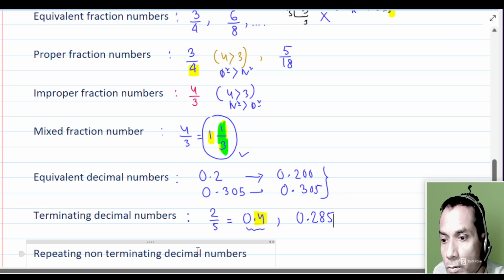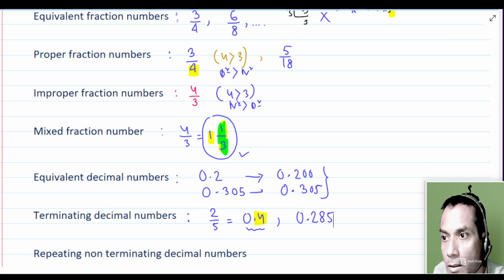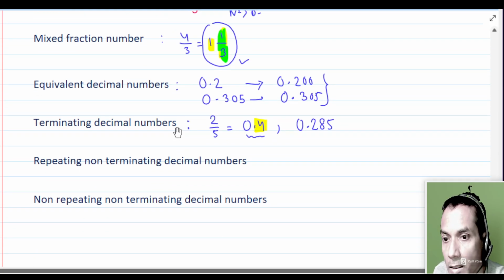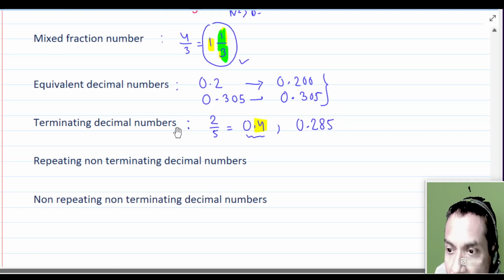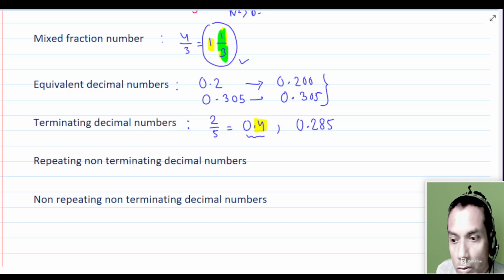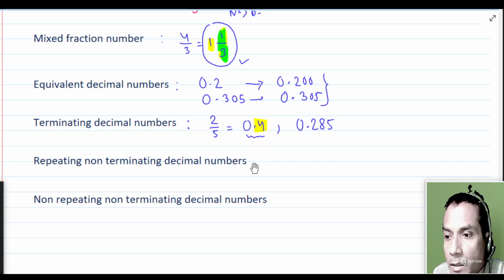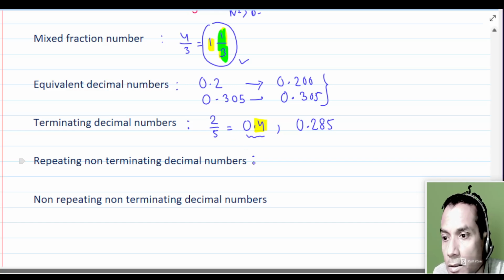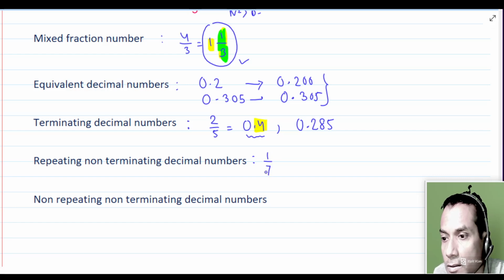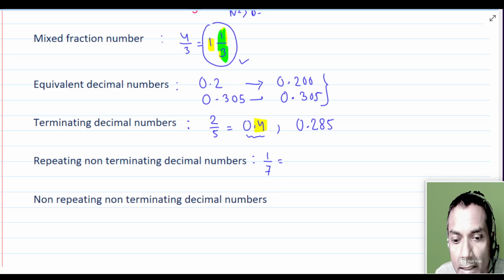Now we learn the repeating non-terminating decimal number. I give you one example. Repeating non-terminating decimal means, if I convert this fraction into a decimal value, what do we get?